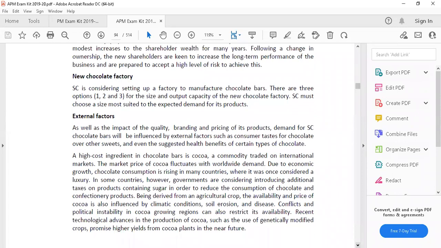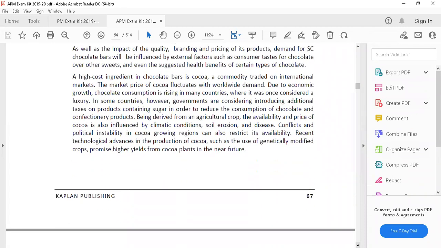The market price of cocoa fluctuates with worldwide demand. Due to economic growth, chocolate consumption is rising in many countries where it was once considered a luxury. In some countries, however, governments are considering introducing additional taxes on products containing sugar in order to reduce the consumption of chocolate and confectionery products.